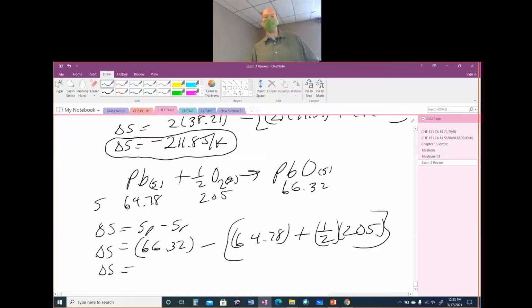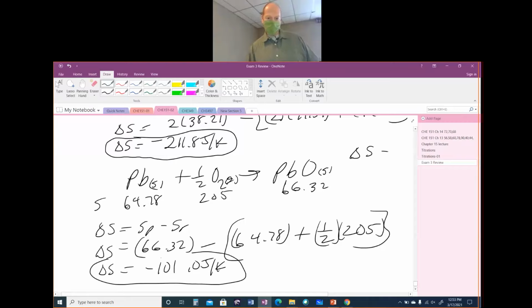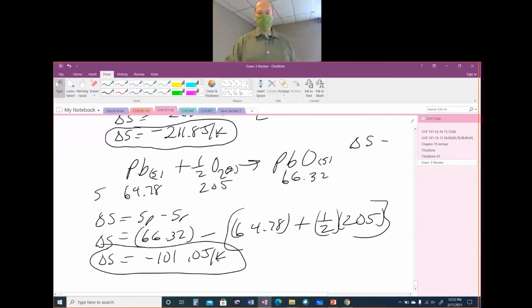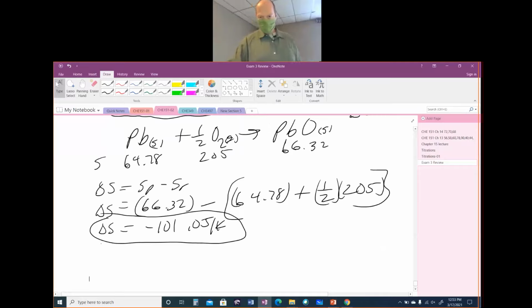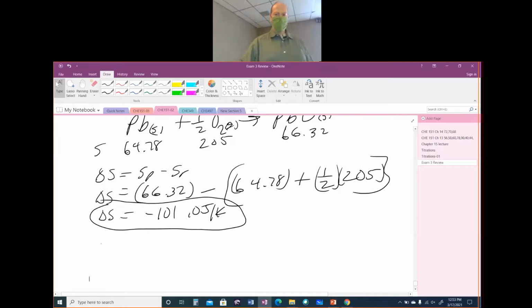Here you have 1/2 of a mole of gas going to no moles of gas, so you're going to more order, less disorder. And that number, I can't read my writing, I think it's negative 101.0 joules per Kelvin. So it is negative. That is 164, yep, that's right.